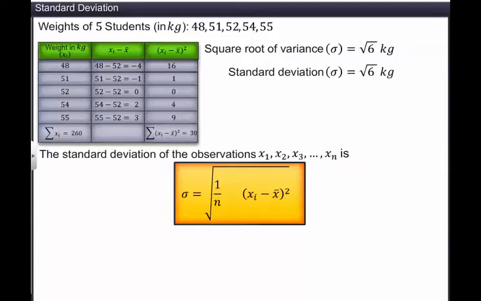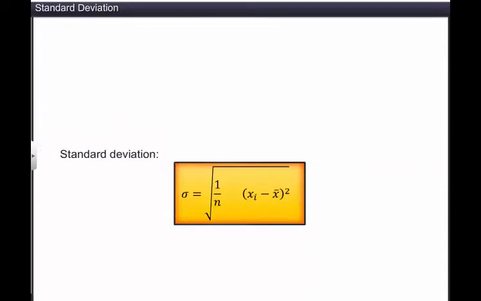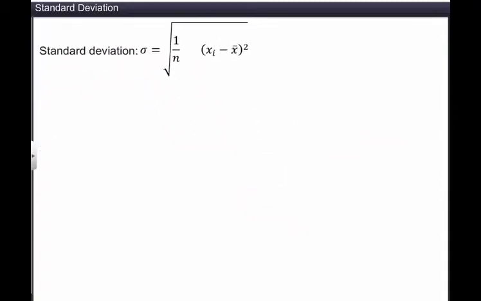We know that the variance, sigma squared, is given by the formula shown here. Let's expand the summation.